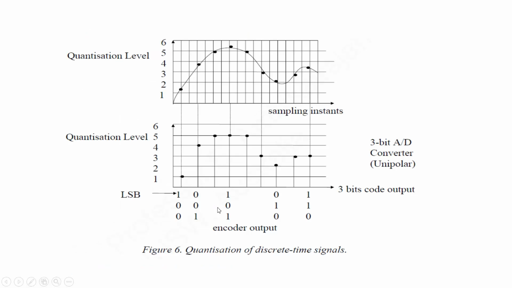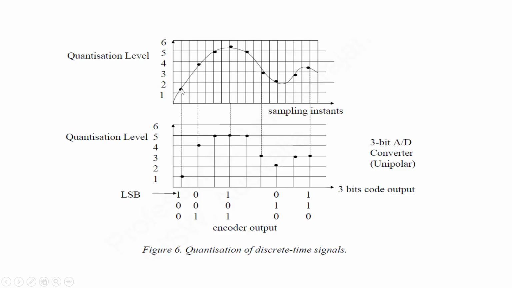All right. Now this diagram actually explains the quantization levels. This is just a hypothetical quantization process explained. This line is basically the analog signal, and these are the samples taken.